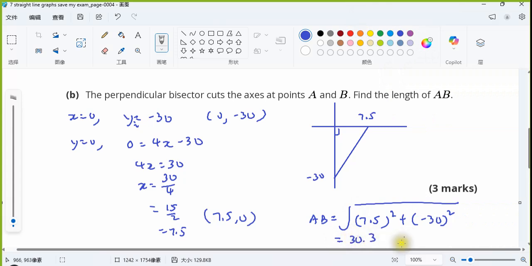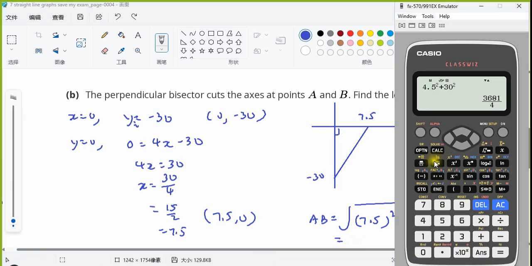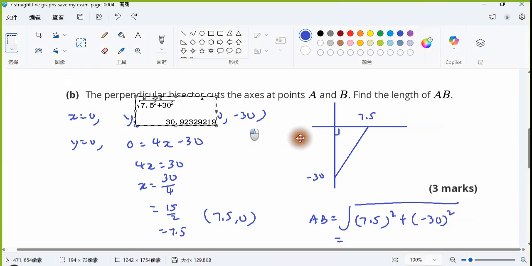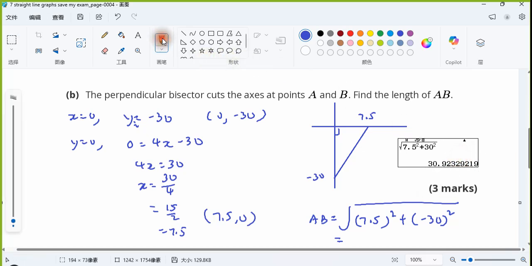So 30.3 units. I made a mistake here. That should be the square root of 7.5 squared plus 30 squared. Okay, so it's 30.9. So 30.9 units.